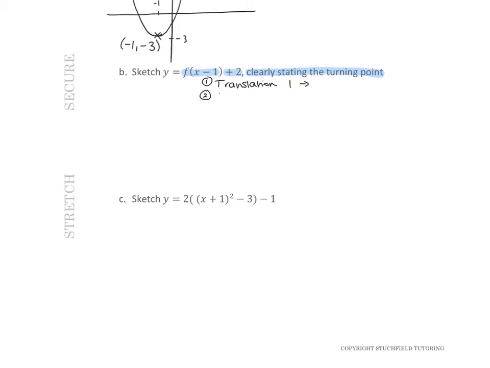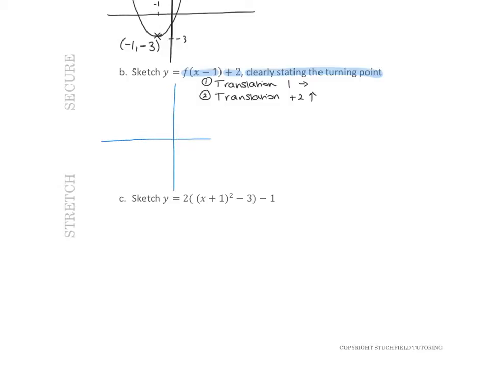And then outside we have a translation plus 2 in the y direction. So the turning point was originally minus 1, minus 3. Now the x coordinate gets plus 1, so that's now 0. And the y coordinate gets plus 2, so that's now minus 1. So my new turning point is here.